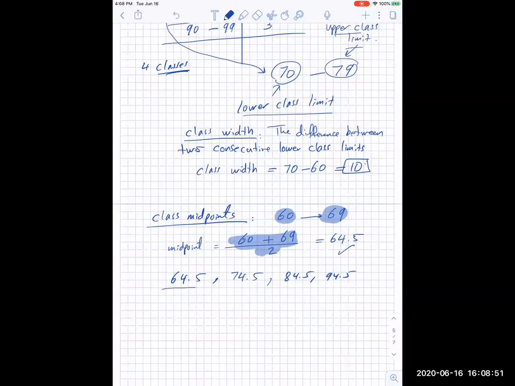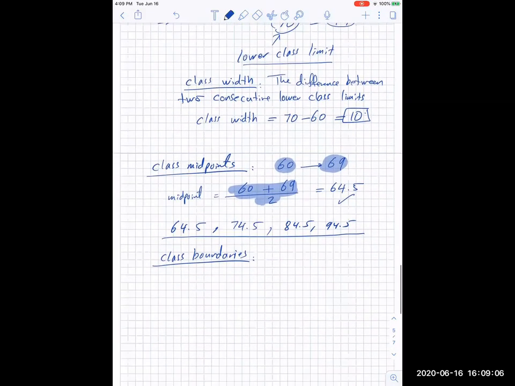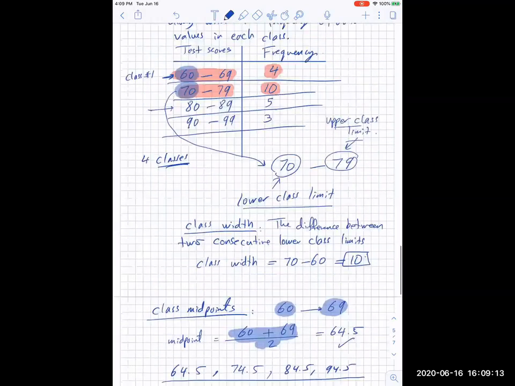Also, what if you want to find class boundaries? Class boundaries. What does that mean? Guys, look again at the table. Focus with me on the table.